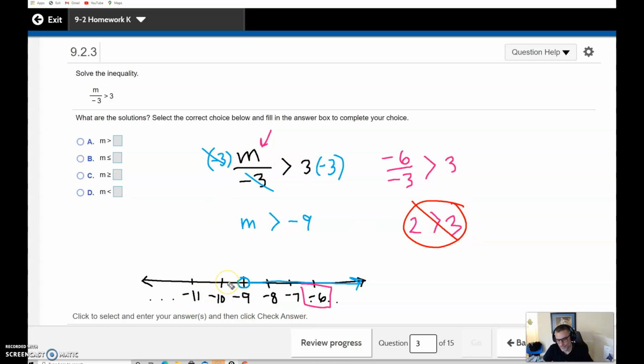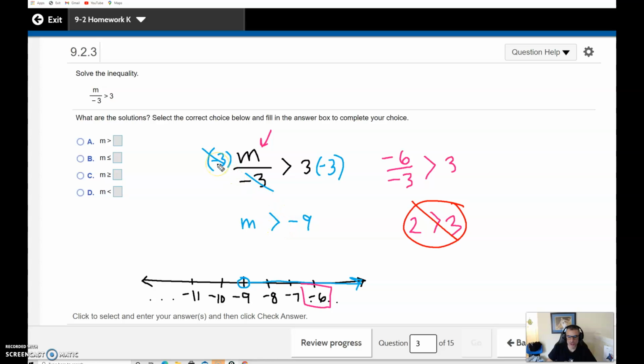Something happened. And it has to do with the fact that we write negative numbers in reverse of the way we write positive numbers. So the rule that we have to follow is that when you multiply or divide by a negative number, you need to flip the inequality symbol.